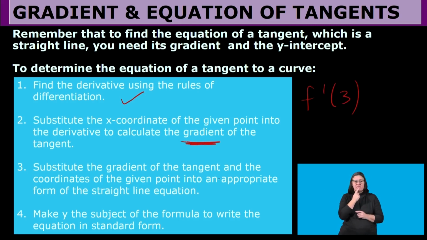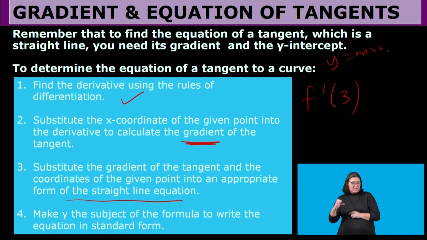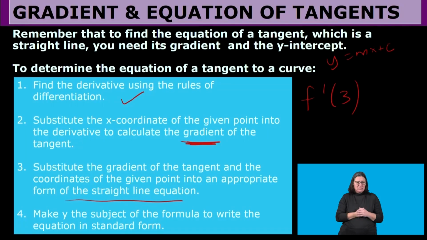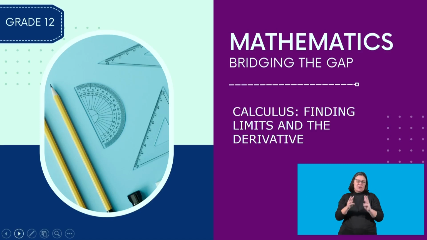We substitute the gradient of the tangent and the coordinates into an appropriate form of the straight line. You might go straight into y is equal to mx plus c to solve for the y-intercept. That's fine. I prefer the y minus y1, but there's no completely correct formula. You use the one that you are comfortable with, okay? And then finally, we make y the subject of the formula so we can write our equation in standard form.